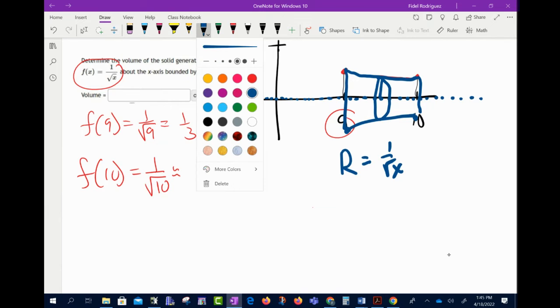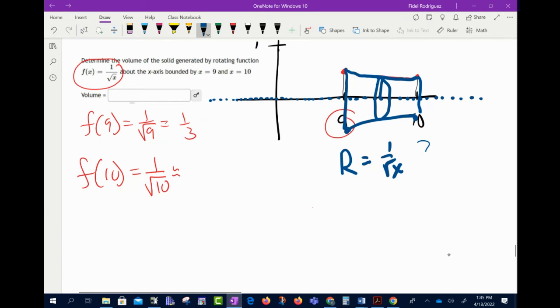We need to find the radius squared. So the radius squared is 1 divided by the square root of x, all squared, which is just 1 over x, right? Because I'm squaring everything, so the square of 1 is still 1, and the square of the square root of x is just x, okay?